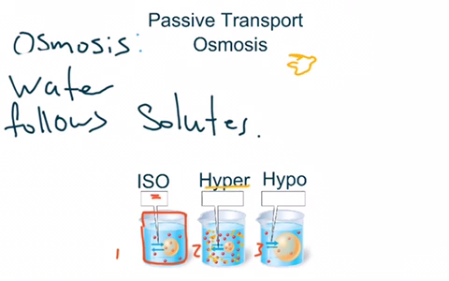Okay, and then third, if we look at a hypotonic solution, if you remember, hypo means low. There's not a lot of solutes. Okay, so in a hypotonic solution, since there's less solutes outside of the cell, what does water follow? Let me go ahead and put some more solutes inside of the cell for you.